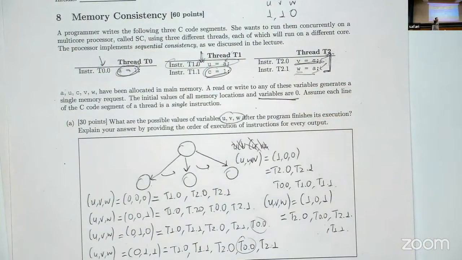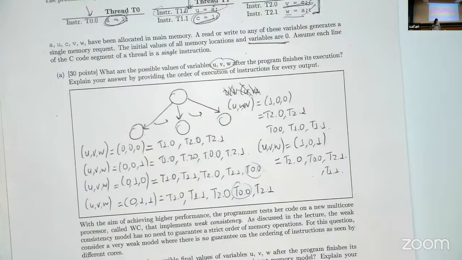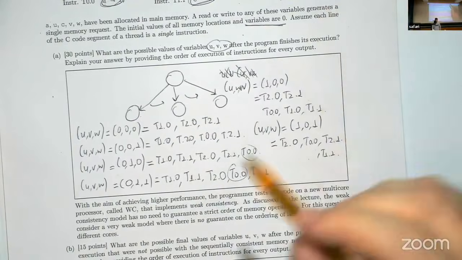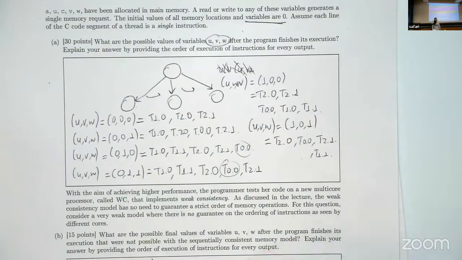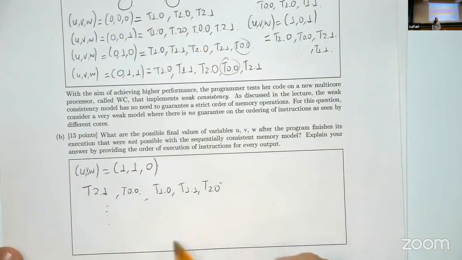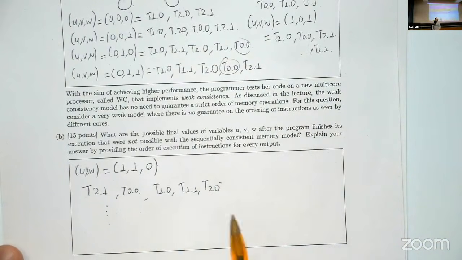That's a very quick consistency model. That's one scenario. Potentially, you can find more scenarios here that lead to the same example of 1, 1, 0, but you will get the full points if you give only this scenario, you will get the maximum points.